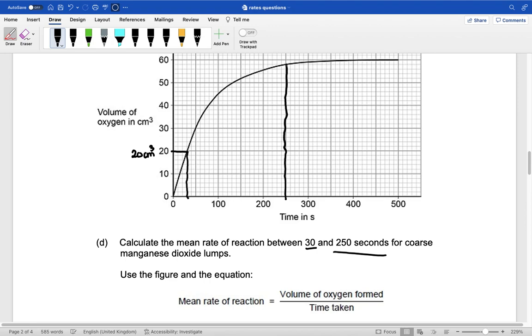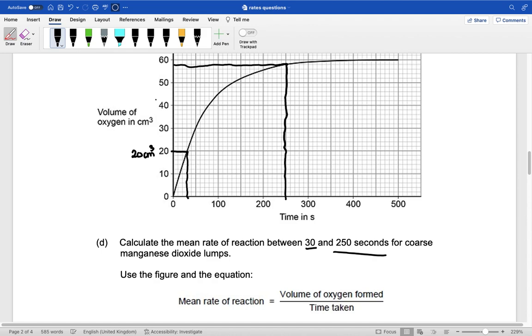Okay, so straight up to the top there, and I'm going to go across and see how much gas I had made in that time by 250 seconds. Right, so again, one of these small boxes here is worth 10 centimetres cubed of oxygen, and in that box there are 1, 2, 3, 4, 5 small boxes.